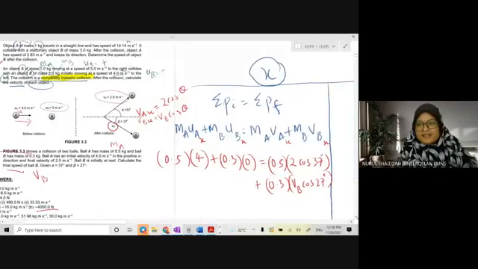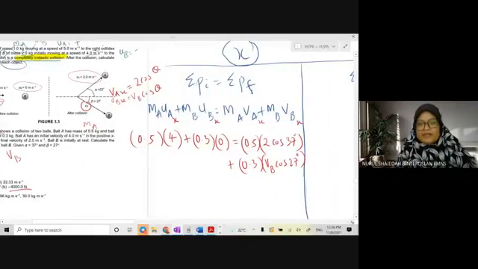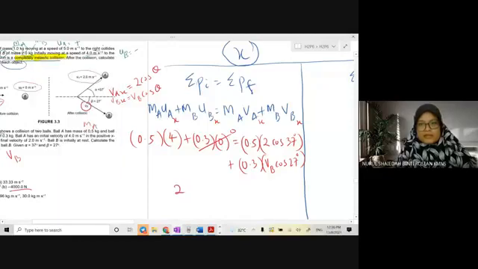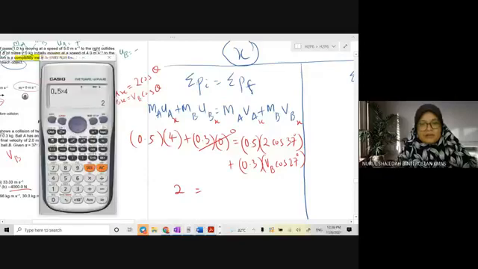Okay. Sebenarnya dah dapat jawapan dah ni. Ini kosong. Yang ini kena buat sikit. 0.5 darab 4, so this one you get 2. Yang ni tak boleh buat sekali jalan sebab ada banyak. So yang ini 0.5 times 2 cos 37.